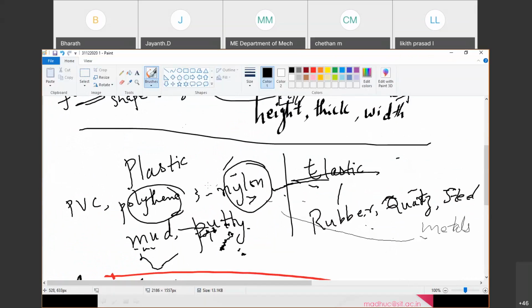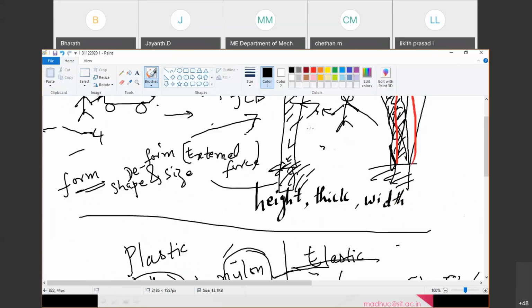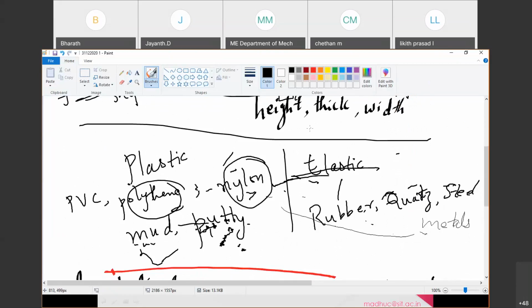For example, mud, putty and PVC are plastic materials. In an elastic material, even after removing the deforming force, the material will regain its original shape and size.